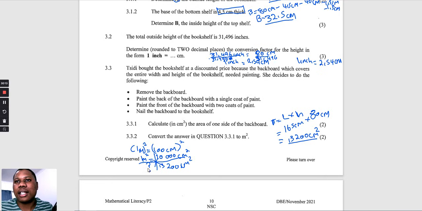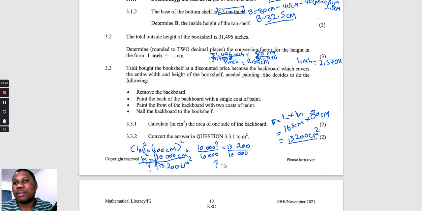Then we cross multiply, so it's going to be question mark multiplied by 10,000, that is 10,000 question mark is equal to 1 multiplied by 13,200, which is equal to 13,200. Then we are looking for the question mark, therefore we divide here by 10,000, and we also divide by 10,000 on the other side.